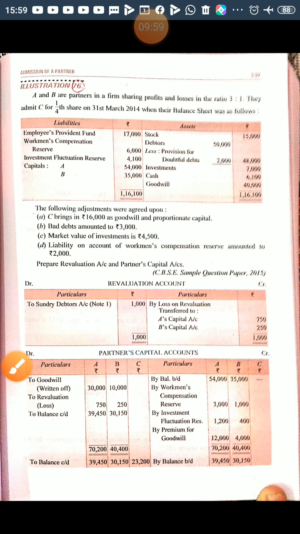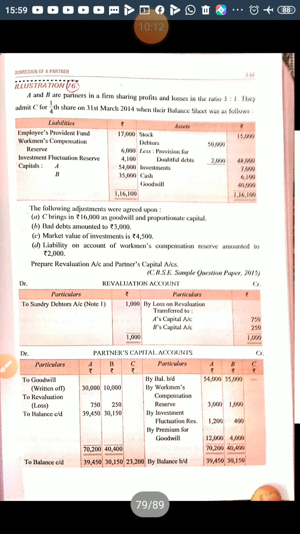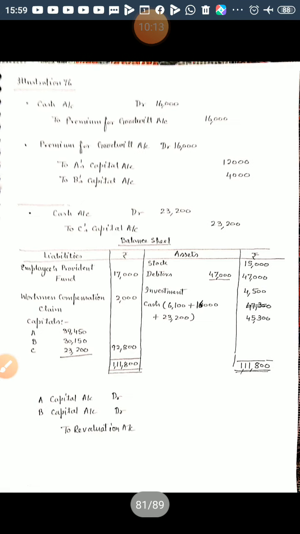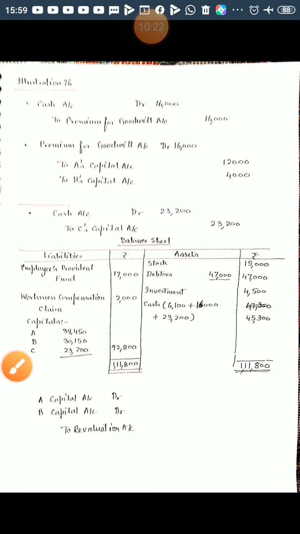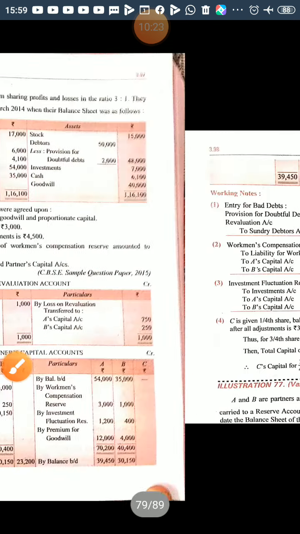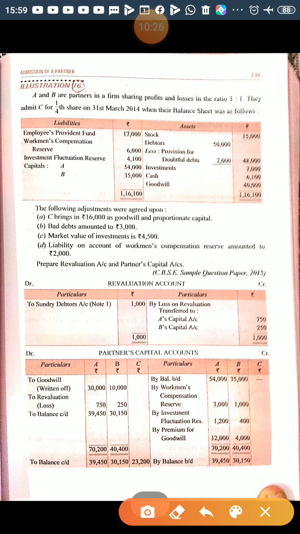Cash has a balance of 6,100, 16,000 will be added, and we will also add when we calculate his proportionate capital. So I'm not concentrating on the cash, although I have shown here cash earlier it was 6,100, add 16,000, right? Now I'm taking one by one.